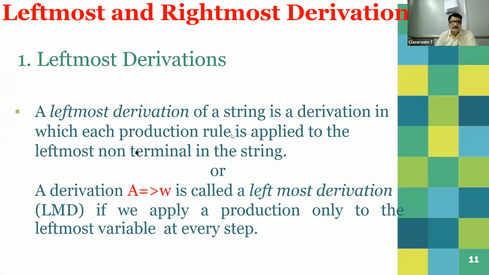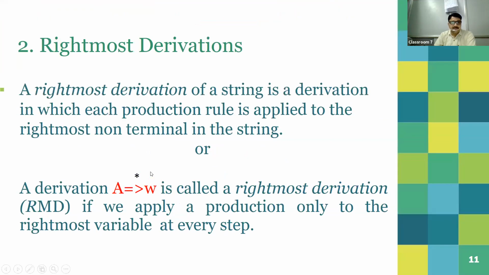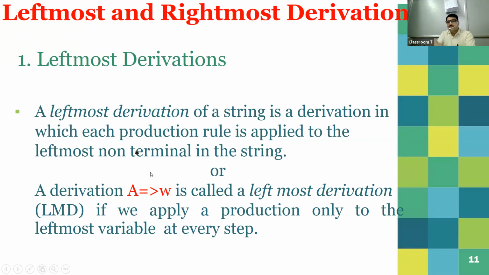So now, a leftmost derivation of a string is a derivation in which each production rule is applied to the leftmost non-terminal in the string. Non-terminal or variable, both are the same thing, right? So next one, otherwise we can also say a derivation A to W. W is what?